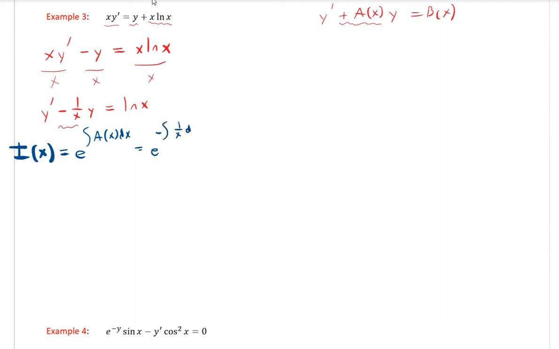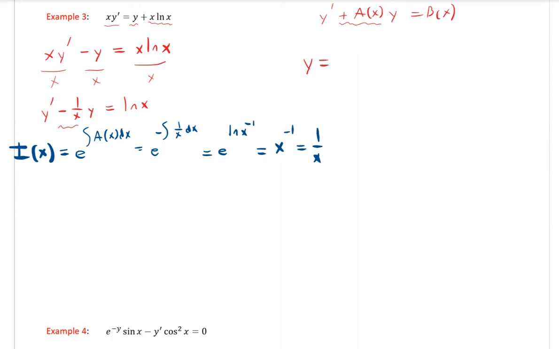Integral of 1 over x dx. That's a relatively simple integral. That's e to the negative natural log of x. Again, don't worry about a plus c. But if I move that negative up to the top by the power rule, I can now cancel out e and natural log, and I just get x to the negative 1, or 1 over x. So that's going to be my integration factor.